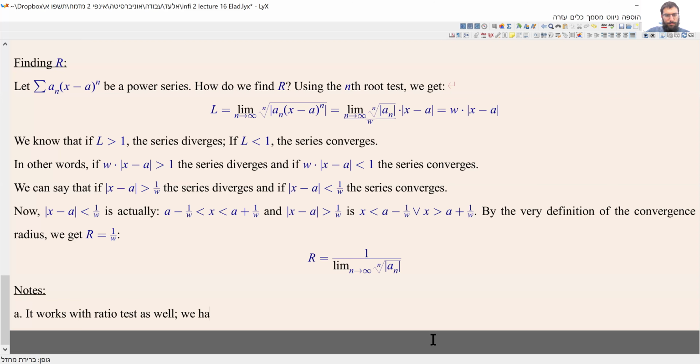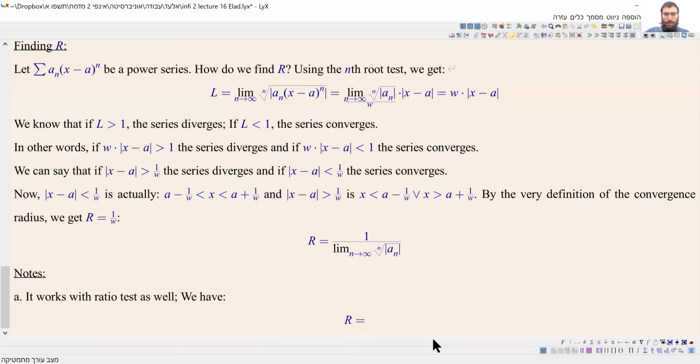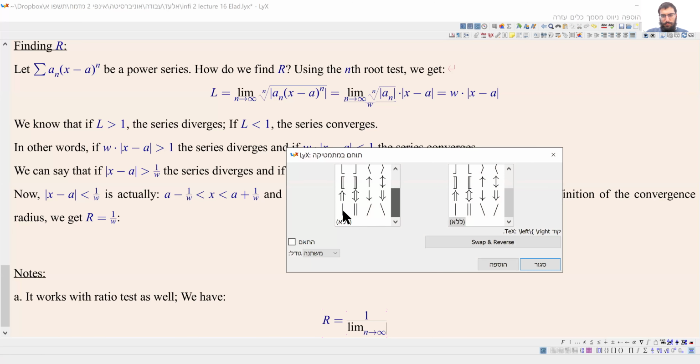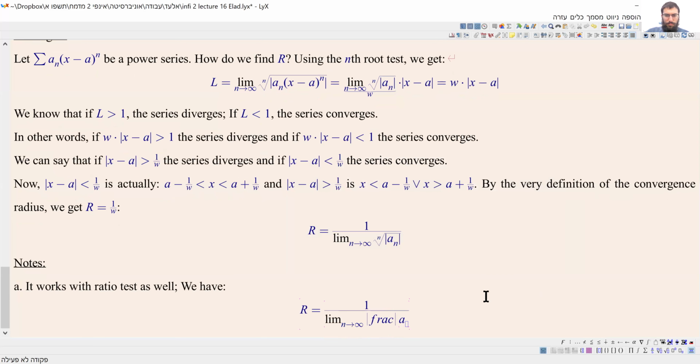We have that R is 1 above the limit of the ratio, the absolute value of an above an plus 1.